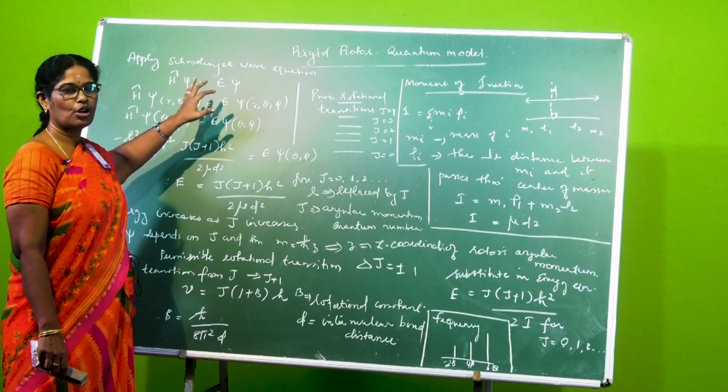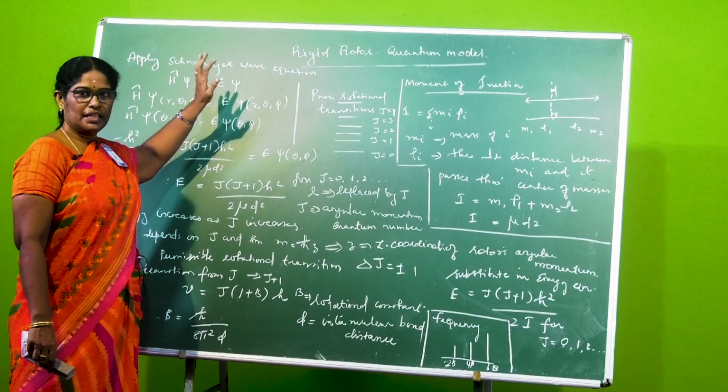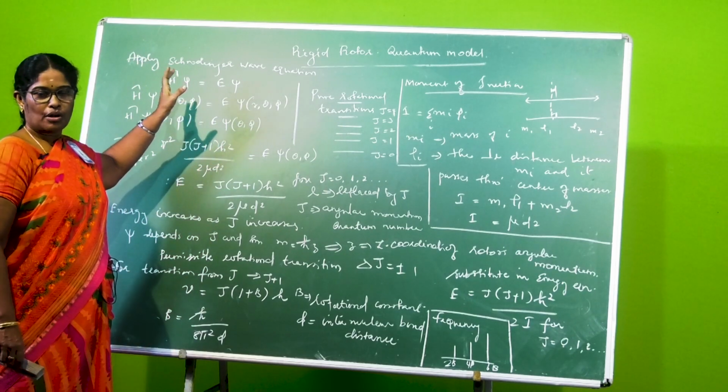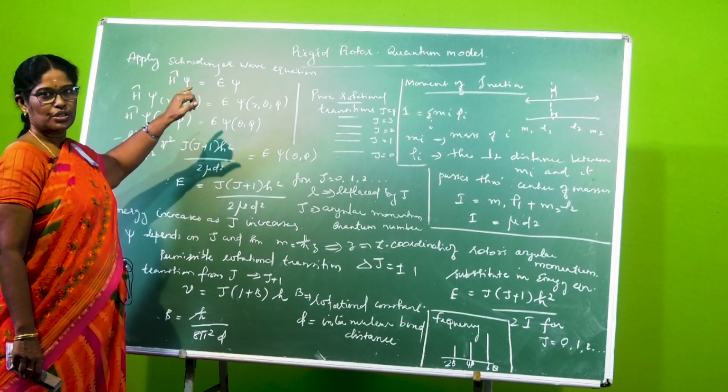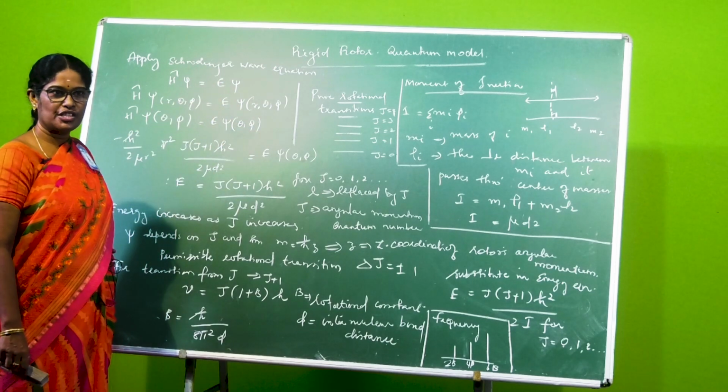Now we apply the Schrodinger wave equation, H cap of psi equal to E of psi, and we establish that the Hamiltonian is an operator operating on the wave function such that the eigenvalues correspond to the permissible values of the energy.